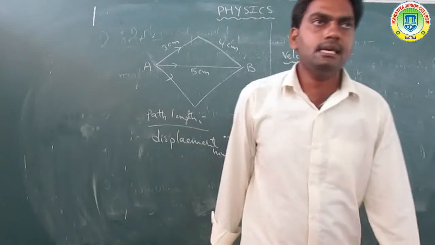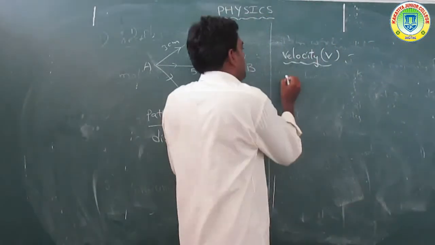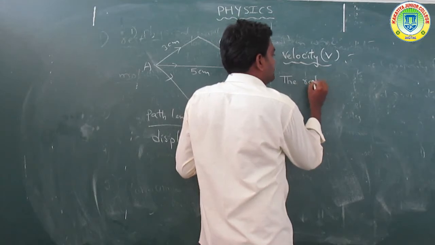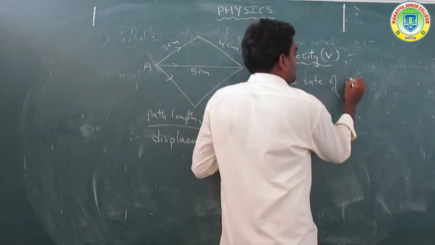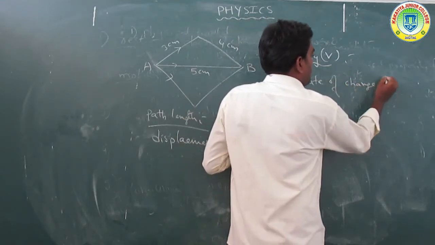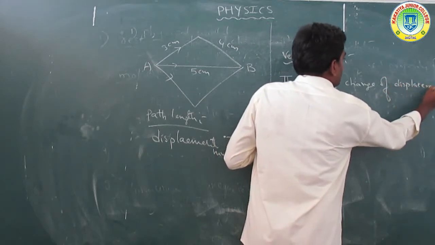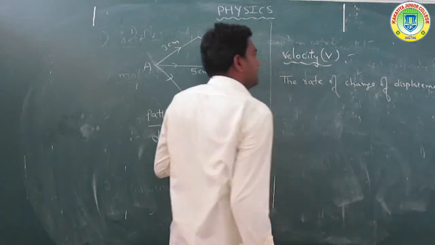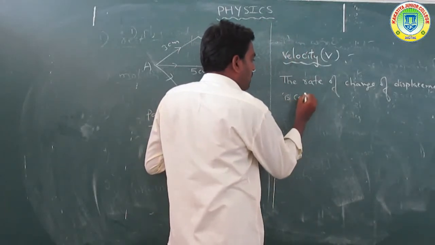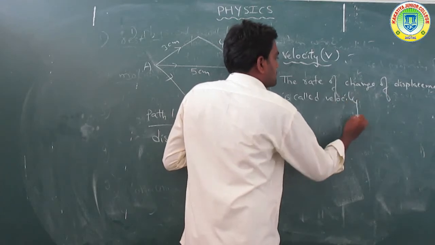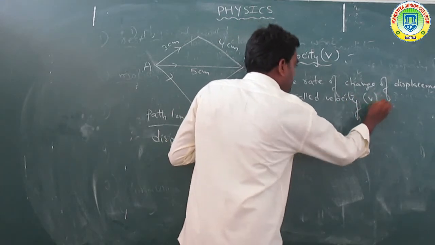So what is the velocity? Velocity means the rate of change of displacement or distance. The rate of change of displacement is called velocity. Velocity is denoted by v.